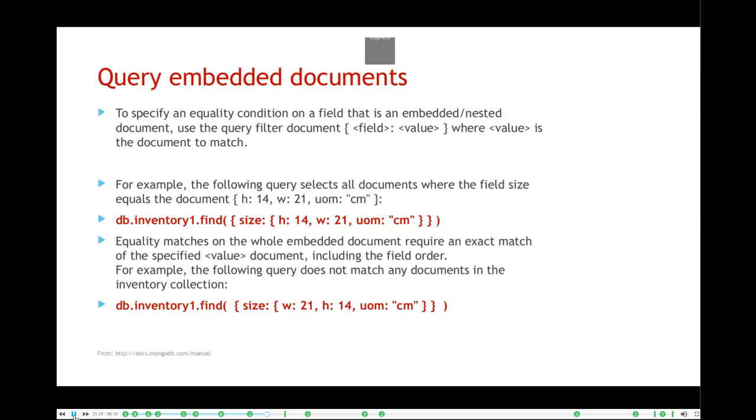So now if we try to run this command, just highlight and run the command, we'll see that we get one row. This is the one that satisfies the condition. If you take a look at the code for this one, the height is 14, the width is 21, and the unit is centimeter.